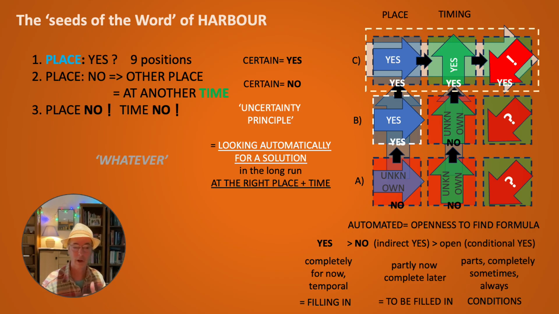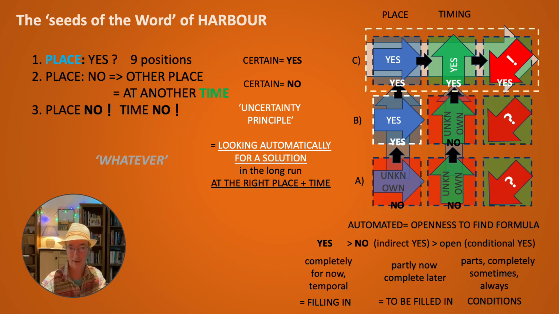So the yes and no are very clear. Yes, I do that now, at this moment, here, at this place. The no is like, I don't have it at this place, but I have it at some other time later.